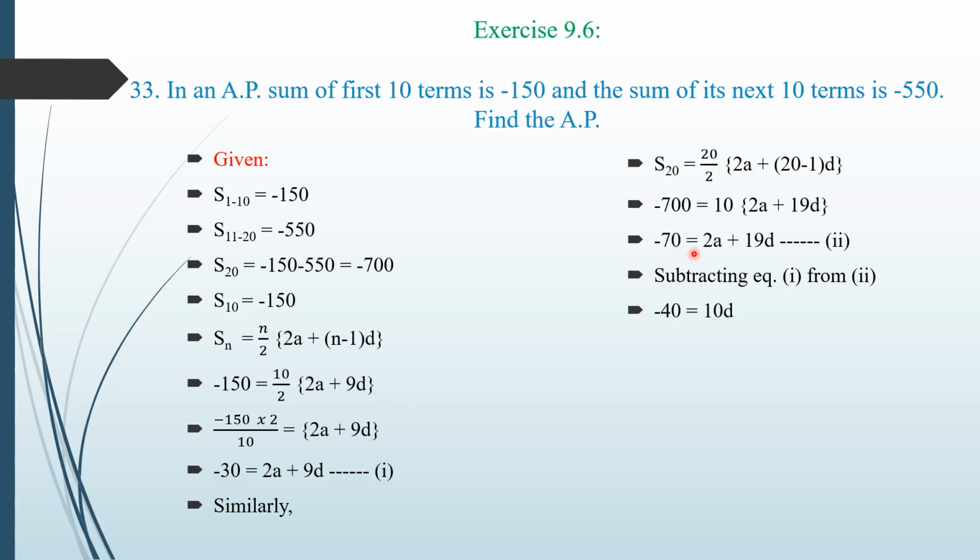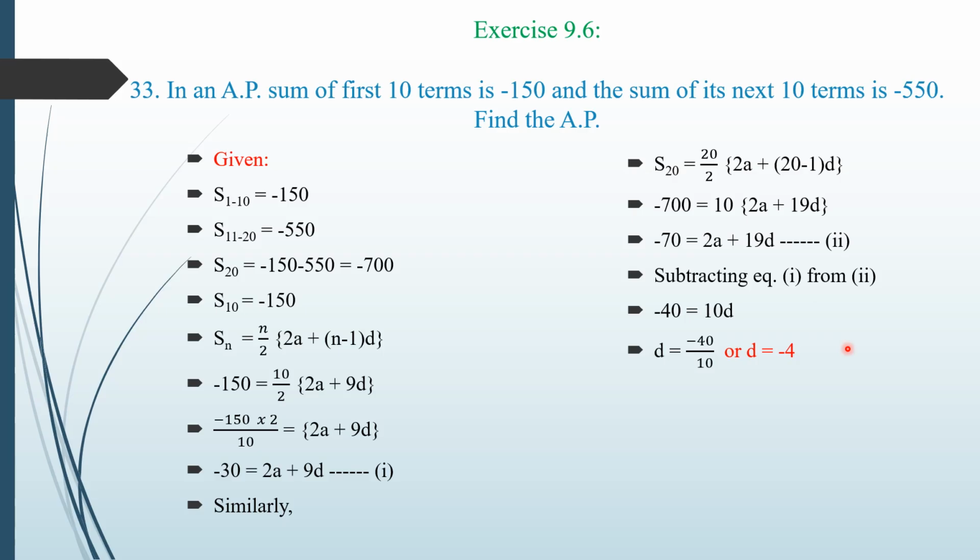Then 2a minus 2a will cancel out each other. Then 19d minus 9d will give me 10d. Therefore I'm left with minus 40 equal to 10d. Therefore when I solve this, I get d as minus 40 by 10, that is minus 4.